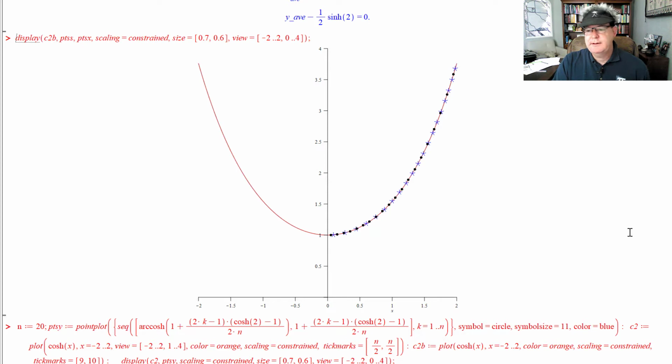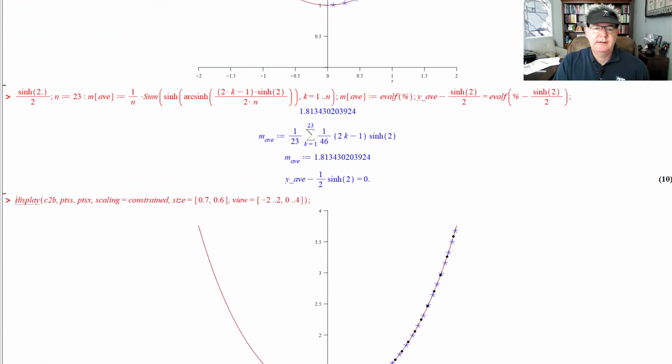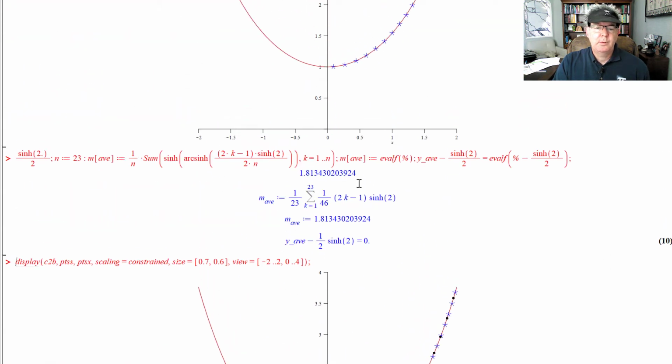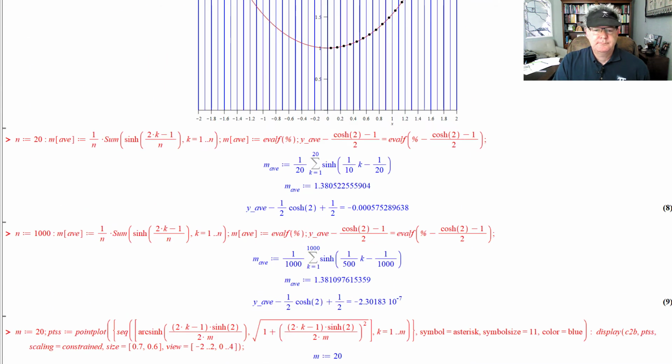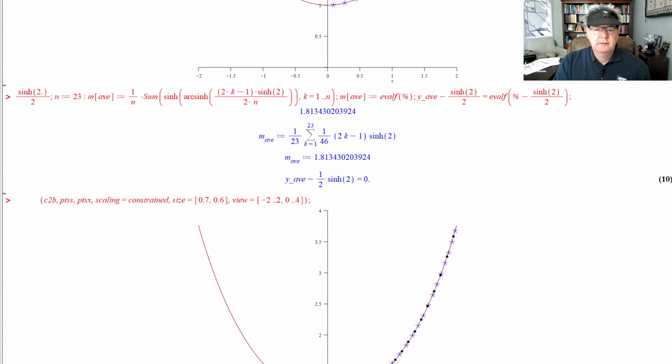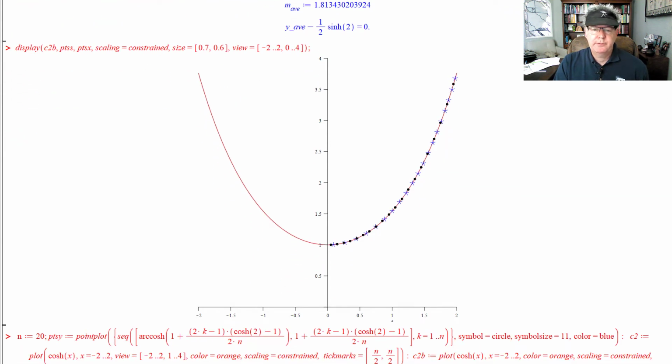And so it did have a higher average. If we notice the decimal value, it was 1.813, and I didn't write it down here, but it was about 1.38. So definitely higher average with respect to arc length.